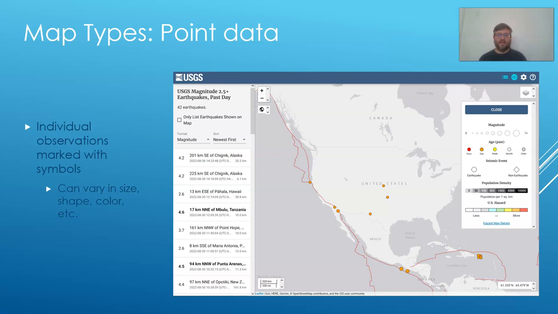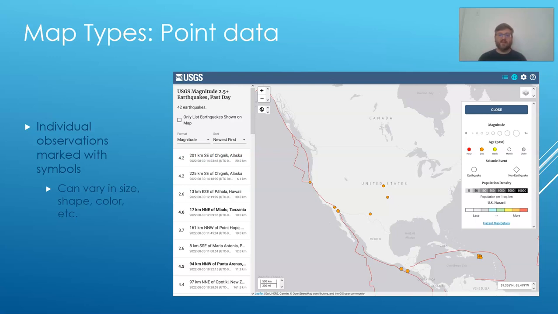So in this case, as an example, I've got a screenshot from the U.S. Geological Survey's website showing earthquakes. And this is a site that we'll be looking at later when we talk about earthquakes. So they've got a point on that map showing each earthquake that has been detected in the past day. And you can vary those symbols in size, shape, color, etc. to convey additional information.